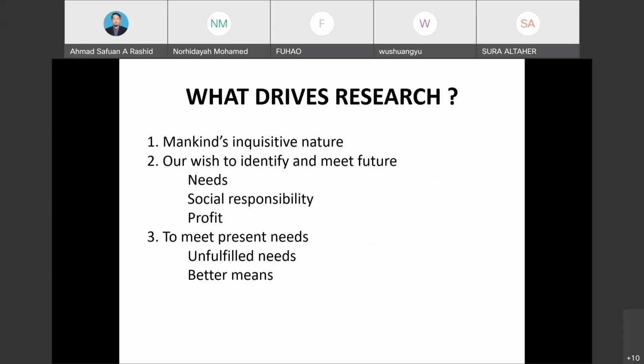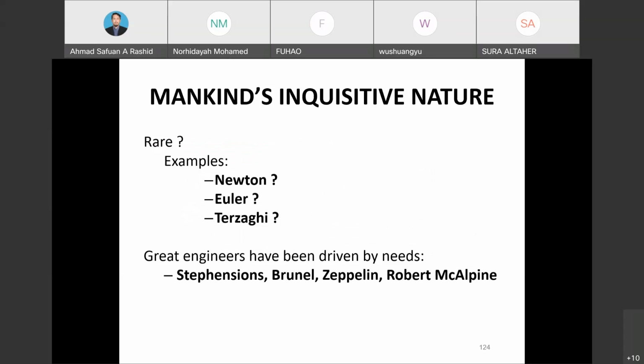What drives research? Mankind's inquisitive nature. This is just additional notes only. It is very difficult to become like Newton, Euler, Terzaghi.